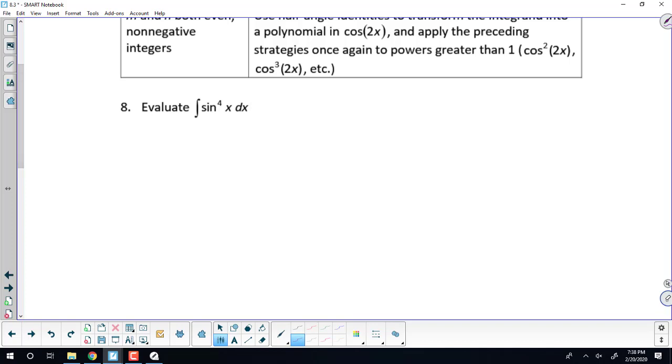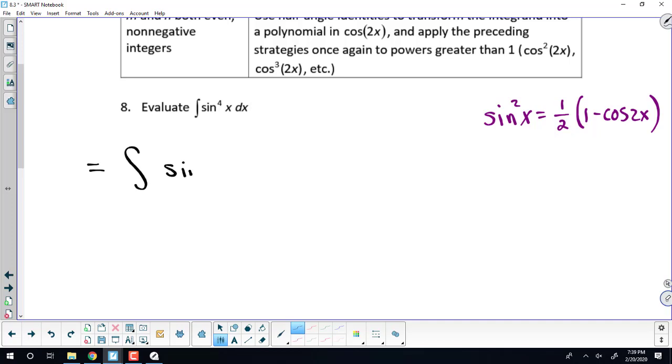We're going to write the identities for sine squared over here so we remember. And then we write sine to the 4th as sine squared, squared, and then sine squared as the identity says.